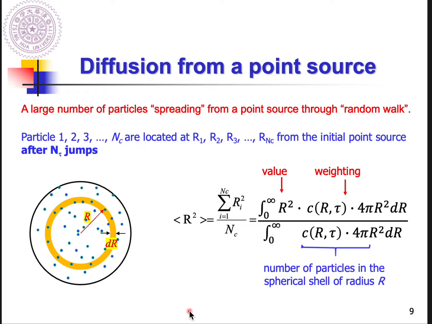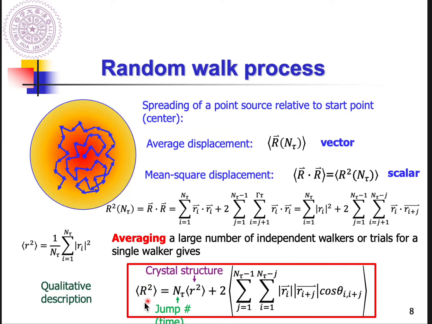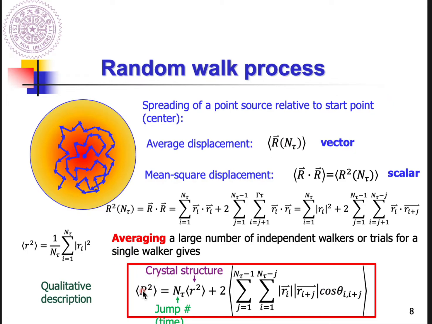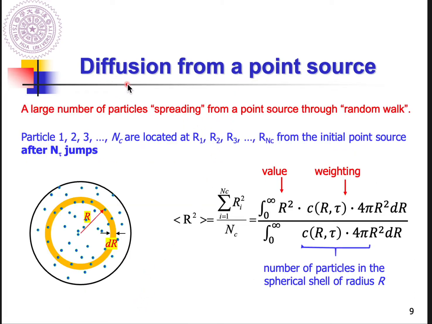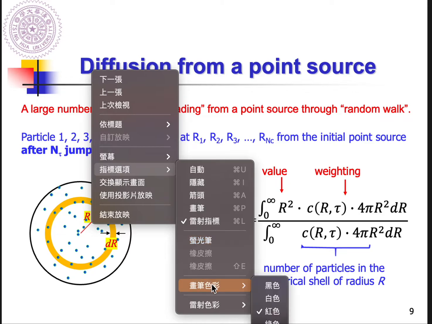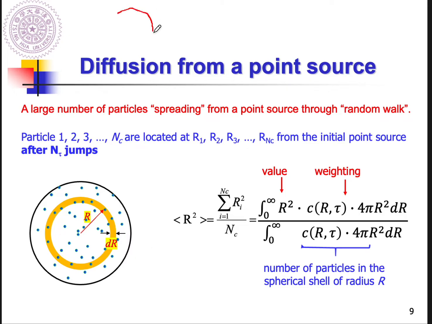Okay, so on this slide, now you have this quantitative description for mean square displacement. The next slide is going to show you how to get the mean square displacement in your cases. So now we assume this is a diffusion from a point source. Before diffusion, it looks like this: we have a ball and a point source at the center of the ball.